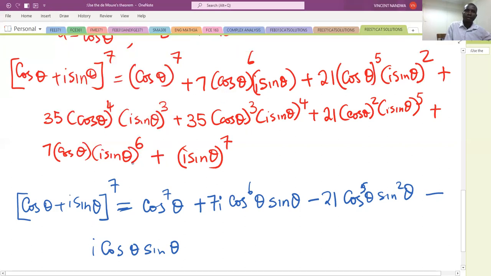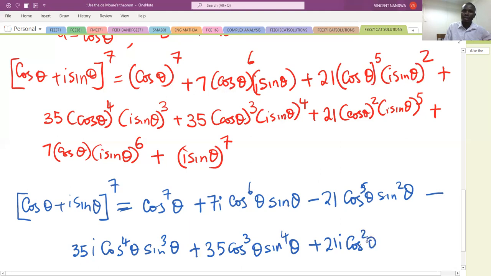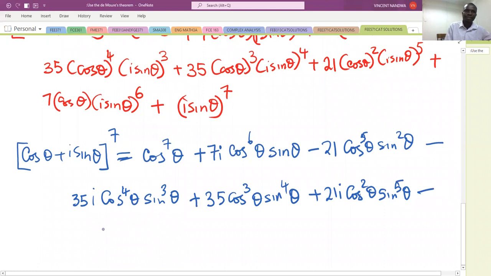So we have I, and then this is 35 cos power 4 theta sine cubed, and then I power 4 is 1, so we'll have plus 35 cos cubed theta sine power 4 theta, and then I power 5 is I, so we'll have plus 21 I cos squared theta sine power 5 theta, and then I power 6 is -1, so we'll have negative 7 cos theta sine power 6 theta.